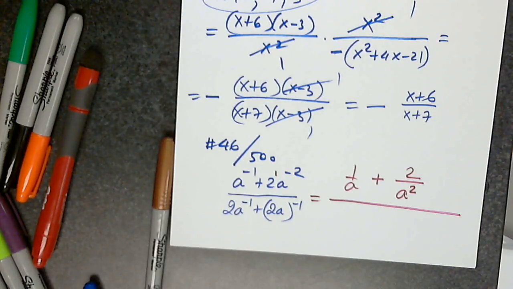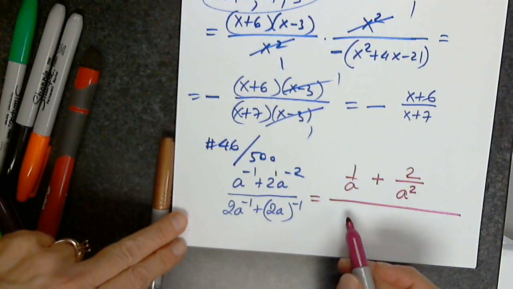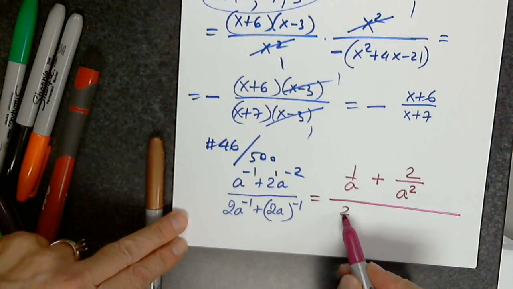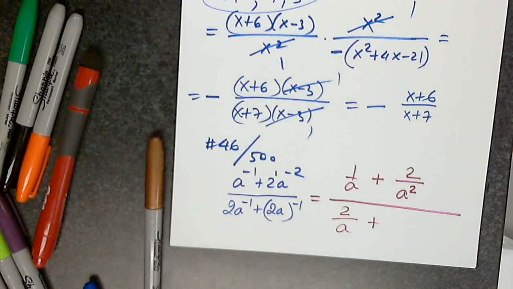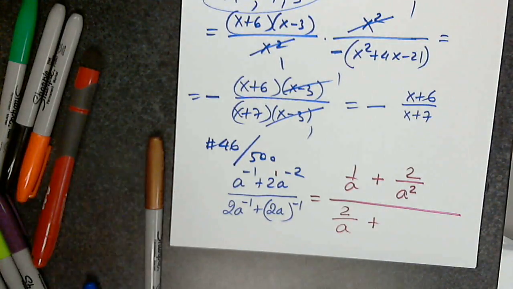What about 2 times a to negative 1? What will that be? Exactly, plus. Now I have parentheses around 2a and the power is negative 1. How much will that be?